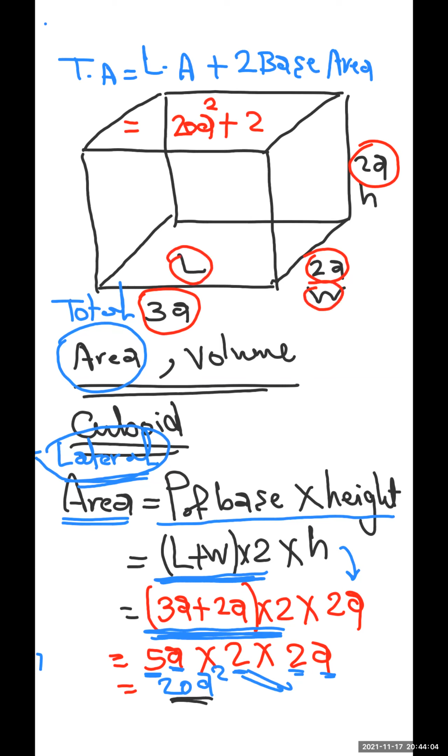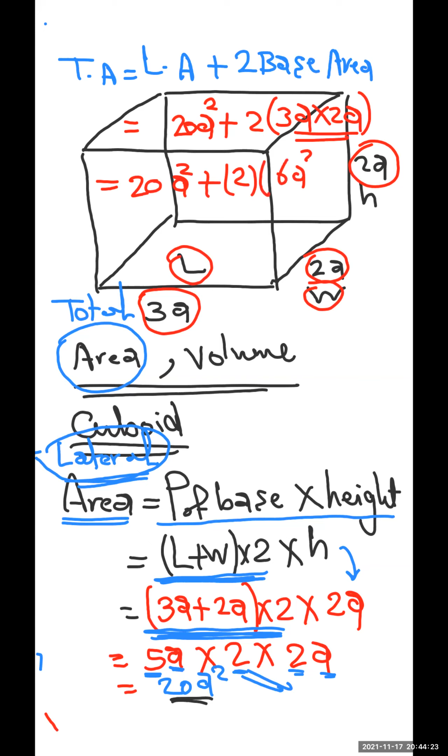So 3a times 2a, which means 6a squared. So it will be 2 times 6a squared. Now 20a squared plus 12a squared. So the total area will equal 32a squared. That's it.